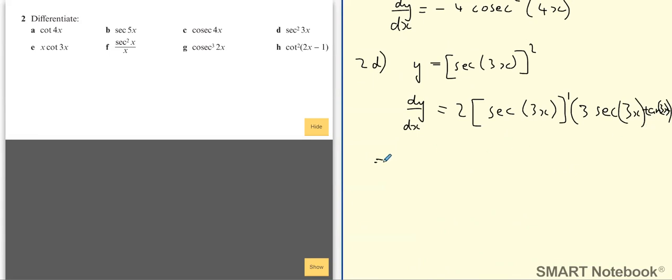And so what we end up getting is 2 sec, no, not 2, it's going to end up becoming 2 times 3, sorry. So this is going to end up becoming 6. Sec times sec gives me sec squared, and then I've also got tan 3x right at the end. And there's your answer. Does that make sense?